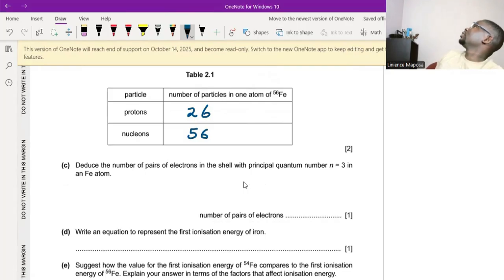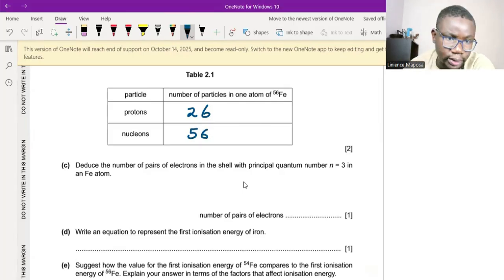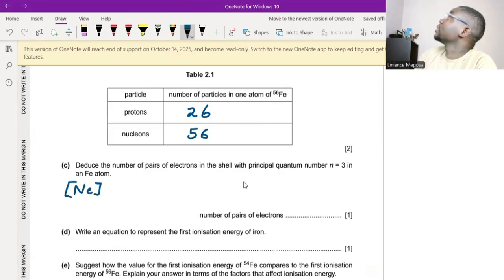Iron, we said it's number 26 on the periodic table. I'm just looking at my periodic table on the wall here. So it's got 3s after neon. So I'm going to start from neon to do its configuration. So it's got a neon core, but we have to pass this, isn't it? But I'm going to say neon, which is 2p, right?